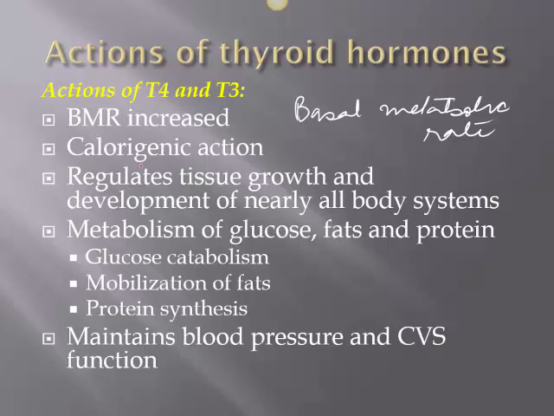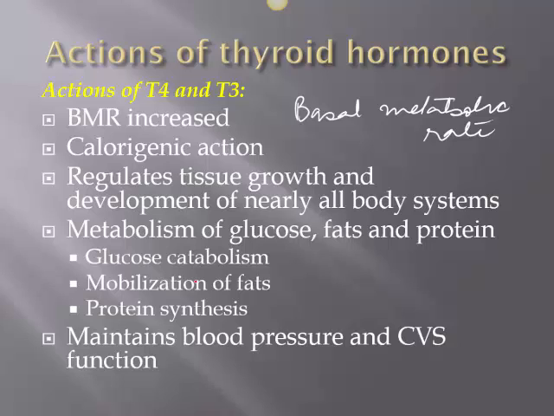So it is important for skeletal growth, muscular growth, brain development, all tissue growth. It also is important in the metabolism of the three basic nutrients. Glucose metabolism, mobilizes fats, and protein metabolism causes protein synthesis.